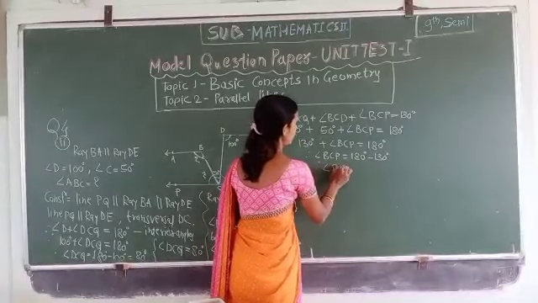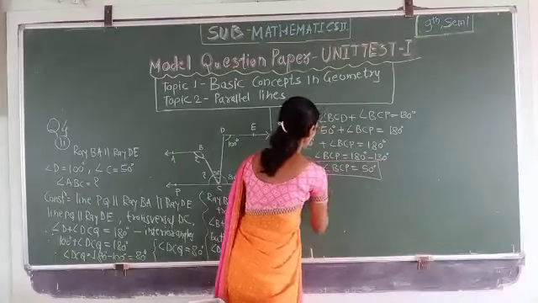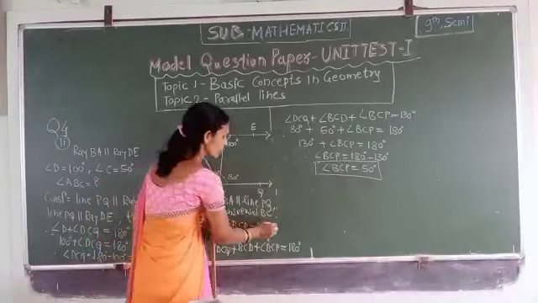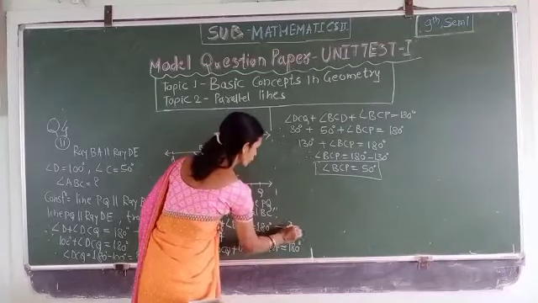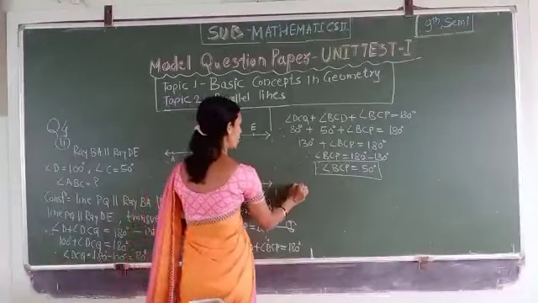Therefore, angle BCP is 50 degrees. Then we have to put the value of angle BCP in equation number 1.